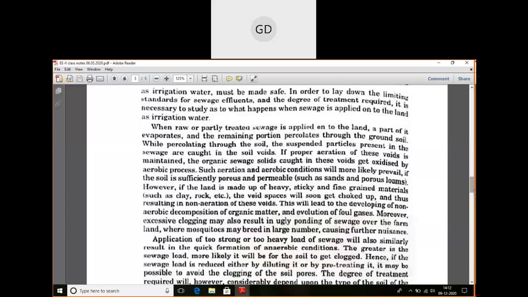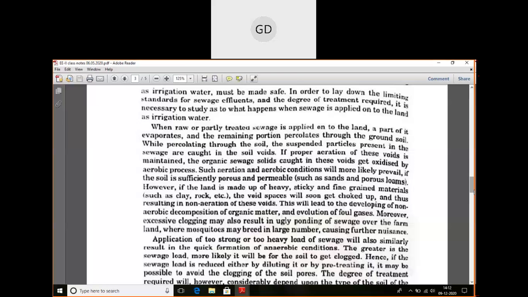The suspended particles present in the sewage remain stuck in the soil voids.